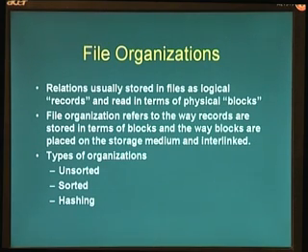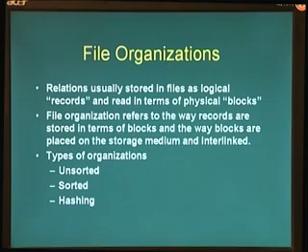As we saw before in the previous slide, the block is the unit of data transfer between main memory and the storage device. So there are two different things within a file. One is the logical ordering of data, which is in the form of records, and then the physical storage of data, which is in terms of blocks.